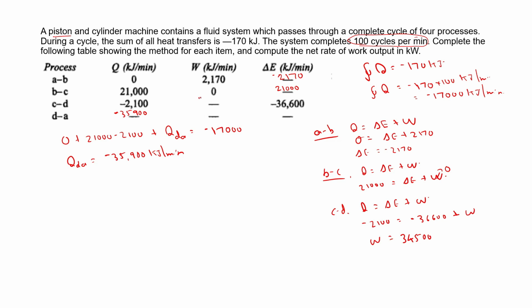So this is the 34,500. Okay. So now we will find delta E here, because this is a cycle.